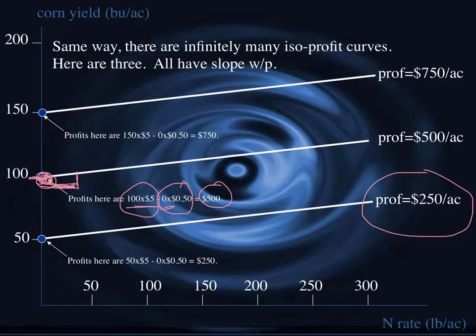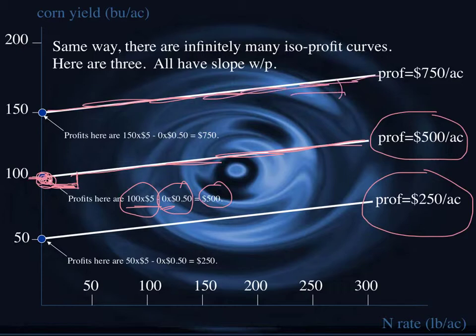So $500 per acre is how much is made everywhere on this line. Similarly on this line, with a slope of W over P equal to 1 over 10, all the profits are $750 an acre.